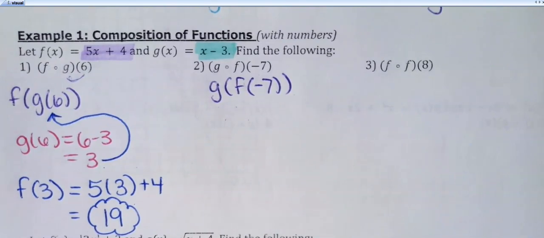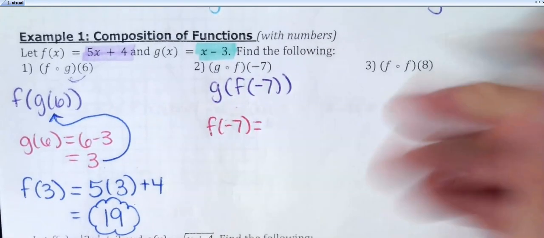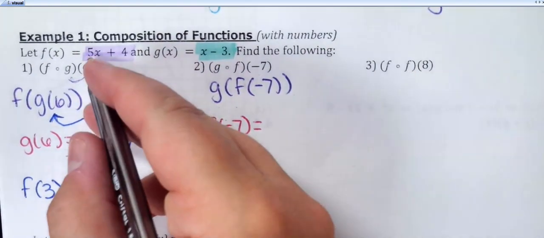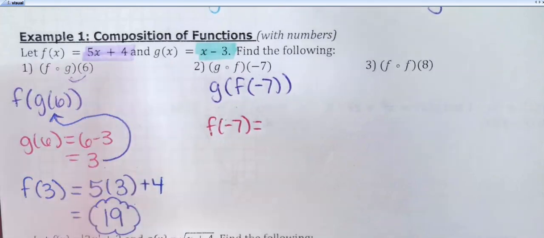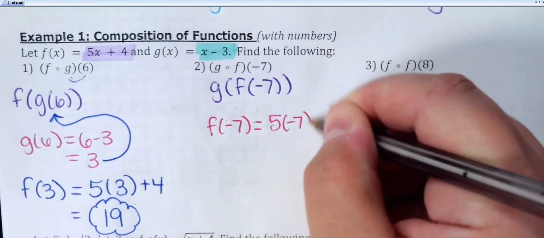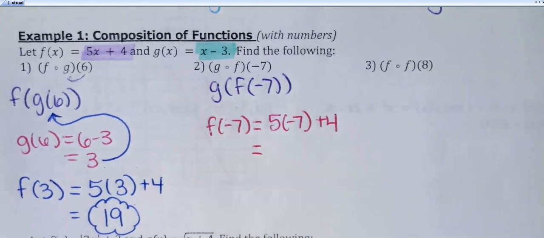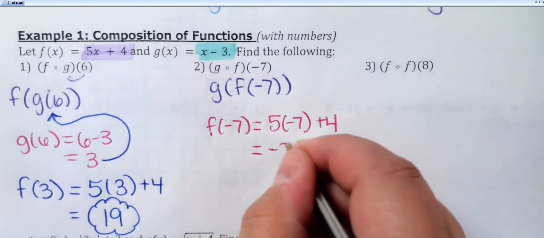So this one, we would do f of negative 7 and get a number. So just go up to your directions in the f of x function. Everywhere I see an x, I'm just going to put negative 7 in place of that x. And if you want, grab your calculator, or you could do it in your head. We're just going to simplify this. So what would that be? Negative 35 plus 4, negative 31.